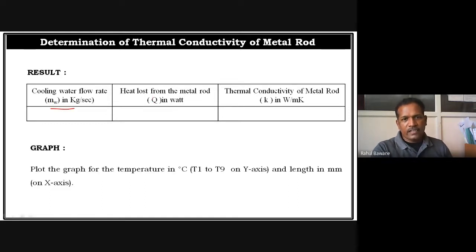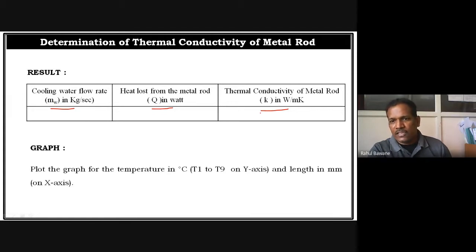What is the heat loss from the metal rod in kilowatt? That means, what is the amount of heat extracted by the cooling water? We have to write that down here. And then what is the final value of thermal conductivity for this cooling rate of water and heat transfer? Remember, if the cooling flow rate changes, the Q value changes and the thermal conductivity will change.